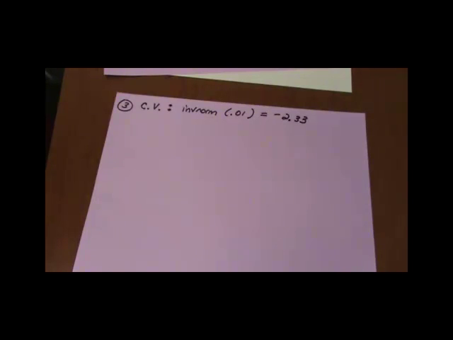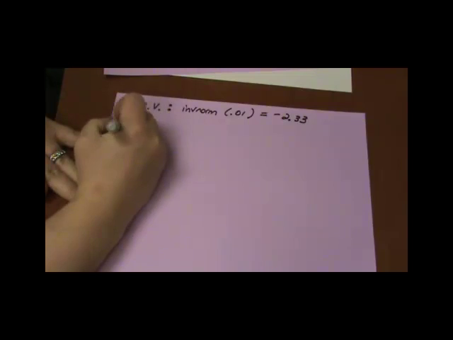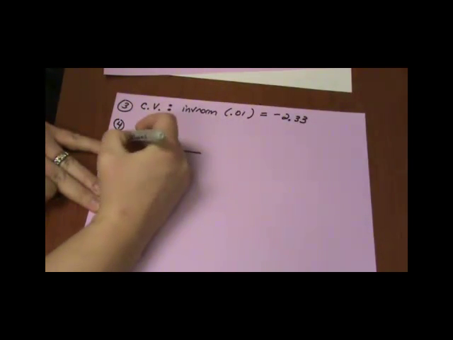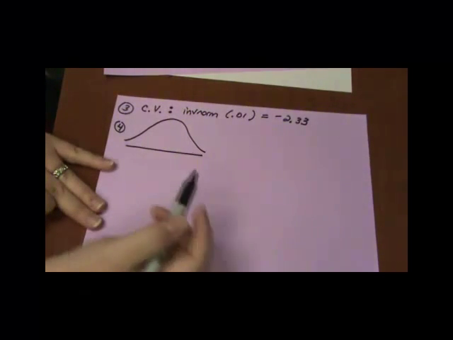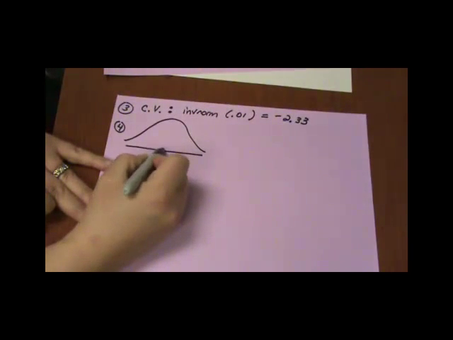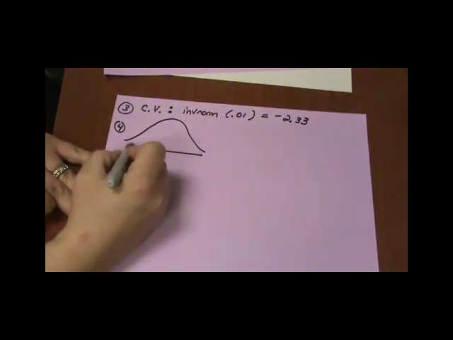Notice it's not my test statistic. It's very close, but it's not my test statistic. Once you get your critical value, that's really all you're going to do, and then you're going to draw your region. So step 4, I'm going to draw a normal curve. I'm going to put this on my curve, so you know this is 0, negative 1, negative 2, negative 3.